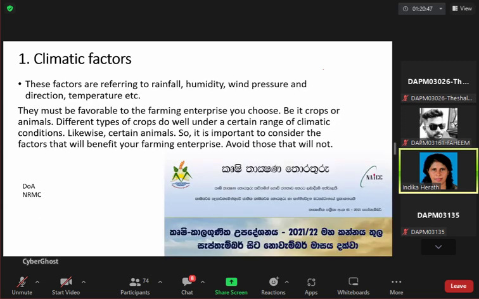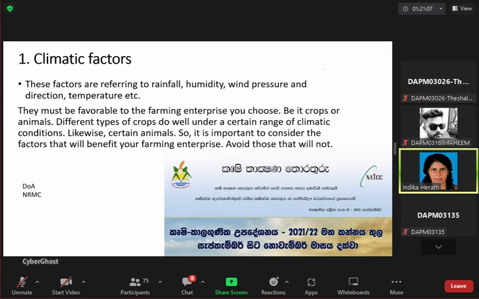So when it comes to climatic factors, where are we going to get climatic information? For example, when we talk about crops, there are crops that grow in particular environments.